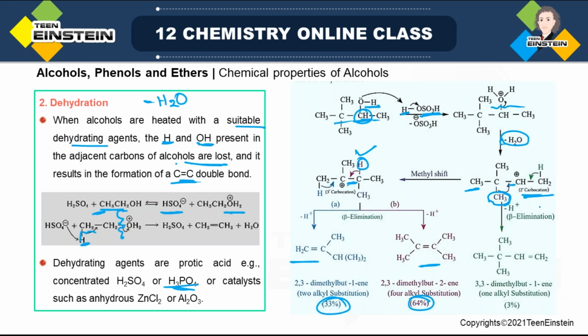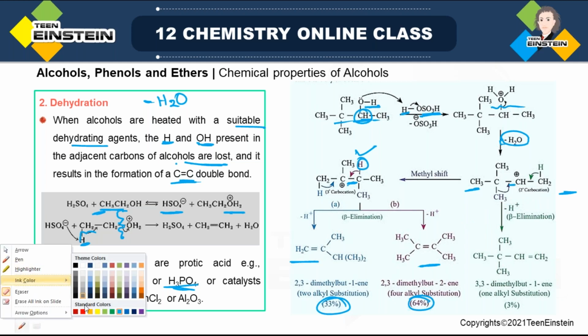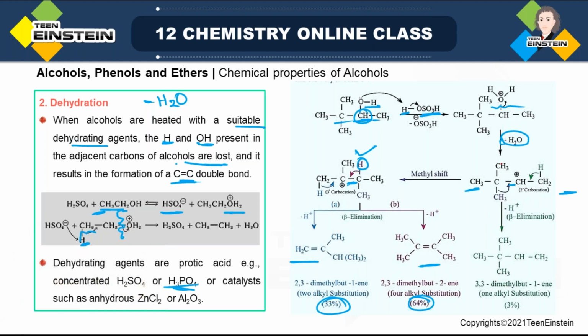And if without rearrangement, directly you are removing this H plus, that is, remember the first carbocation before rearrangement. Now in this carbocation, you have two different types of beta hydrogen. So with respect to this carbocation, here this hydrogen is beta.